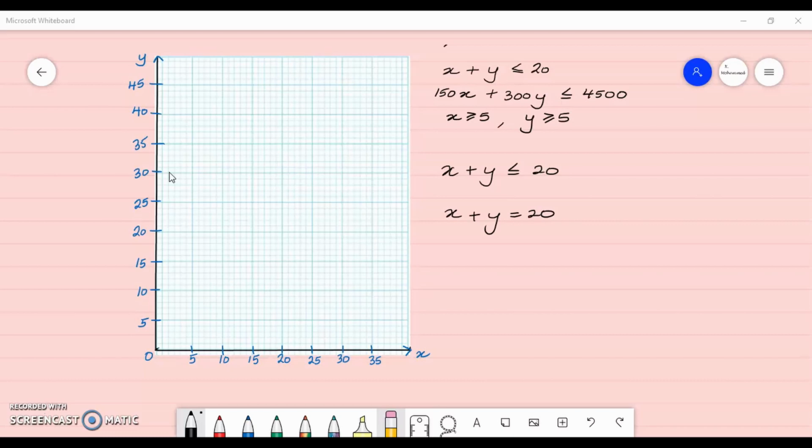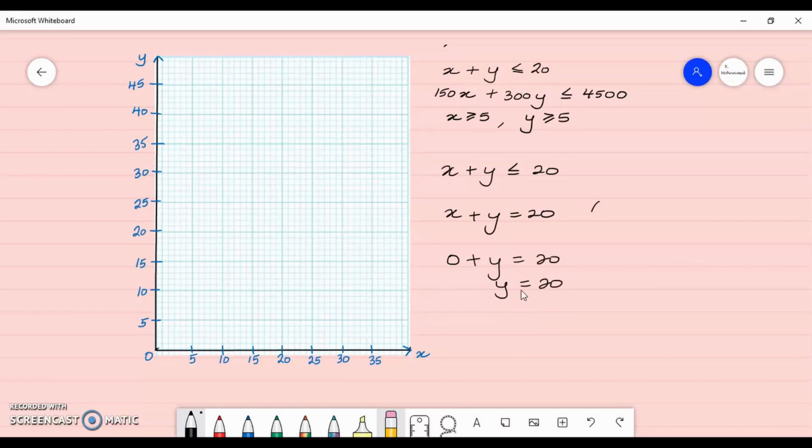Remember, to draw the graph of an equation, I need to substitute some X values or Y values and in turn work out the missing variable. So I'm going to choose the X value 0. When X is 0, Y is 20.